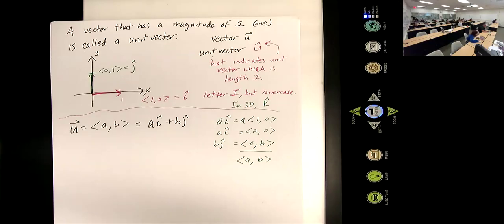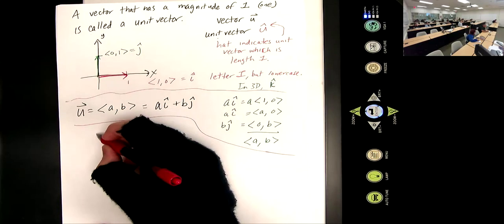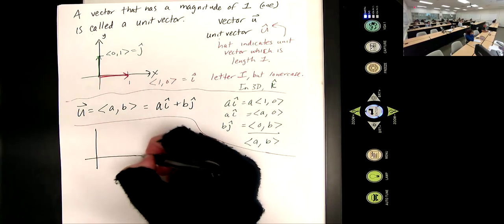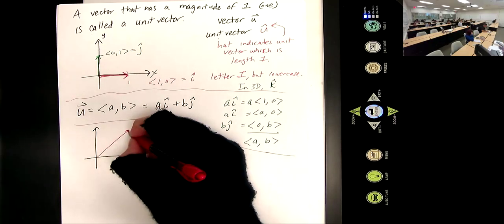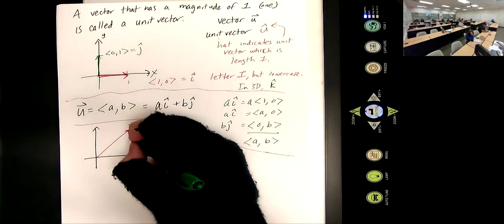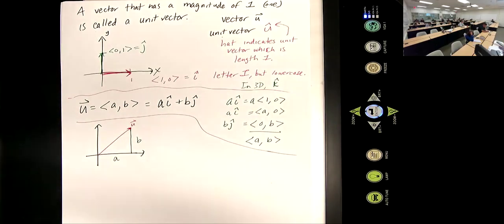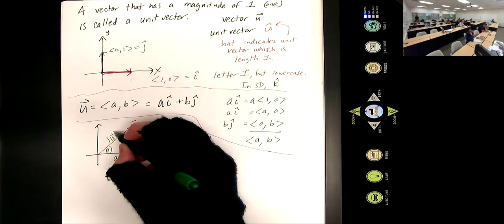There's another way of writing any vector u. From my vector u, with angle theta, the length of this is the magnitude of u.